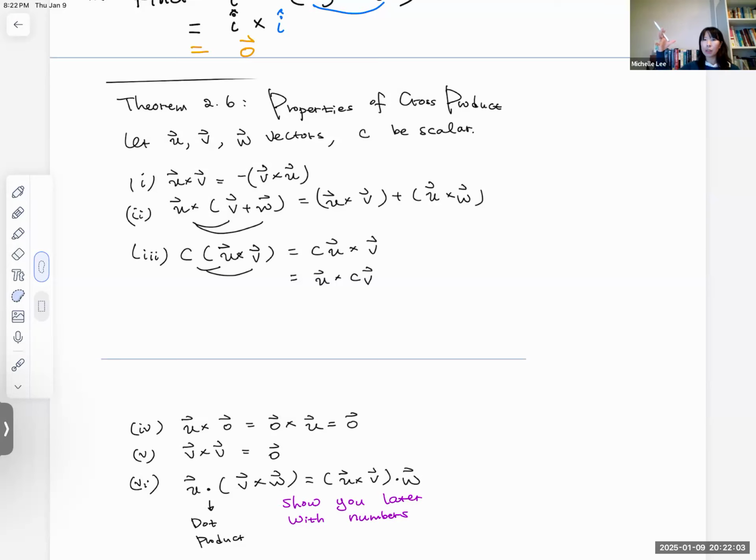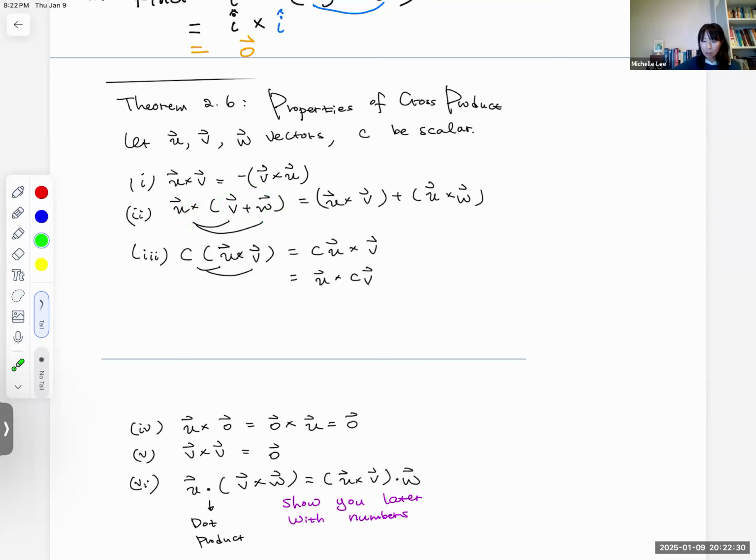This is not commutative, but if we have a negative sign, then they are the same result, right? So number one, this is what we just did earlier, right? Now we have a cross product of U with the addition of two vectors.